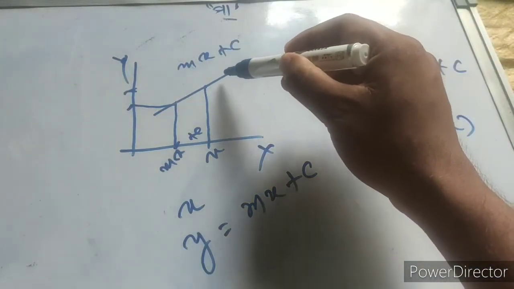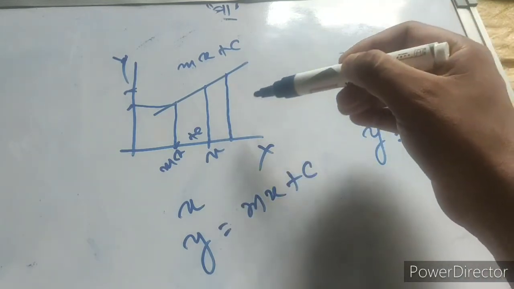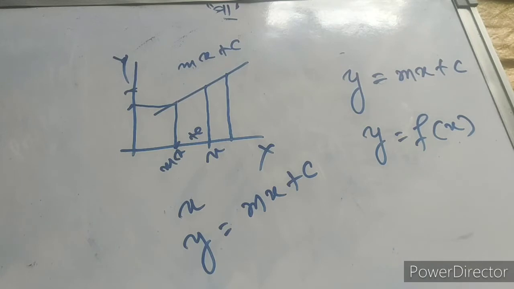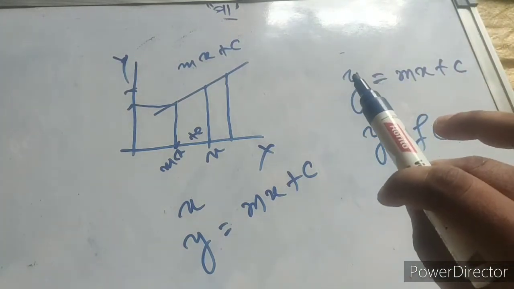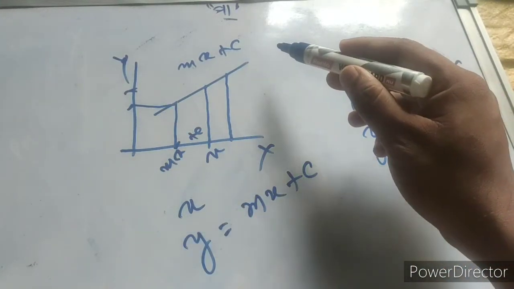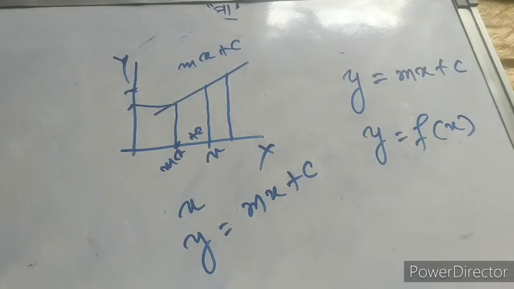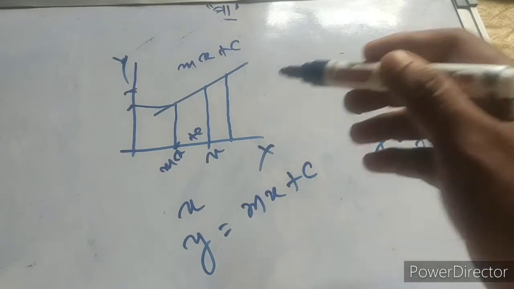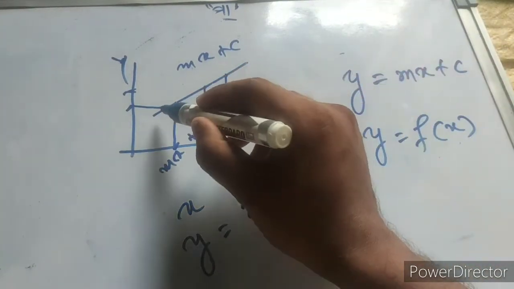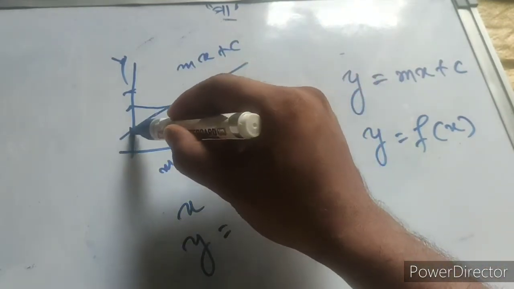If we choose any particular point on this line, it falls into the equation category where x is multiplied with a particular value, which is known here as m. m is the slope. I will explain what slope is. Slope is calculated from the line that is formed, as y2 minus y1 divided by x2 minus x1, plus this constant. The constant is where the line touches the y axis.